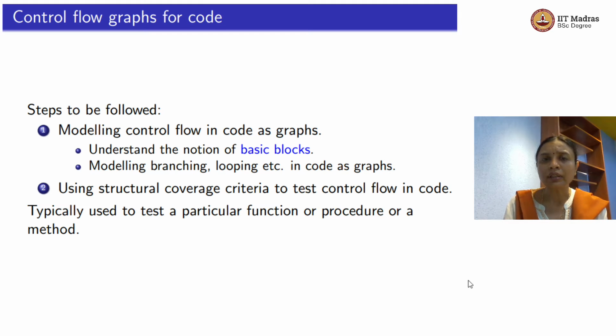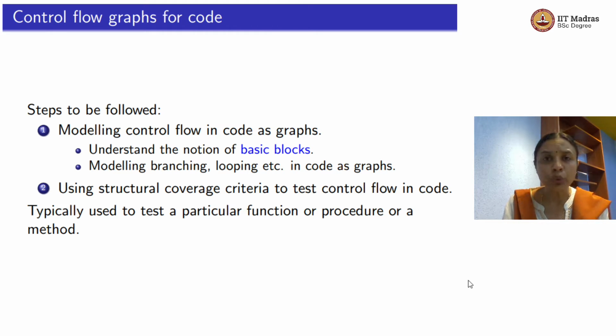So when we look at deriving graphs from code, how do we do it? I take a piece of code. For now, assume that the code is just a method in Java or a function or a procedure in some other programming language. I have to model the control flow in the code as a graph and use the structural coverage criteria that we learned to derive test cases for this control flow.